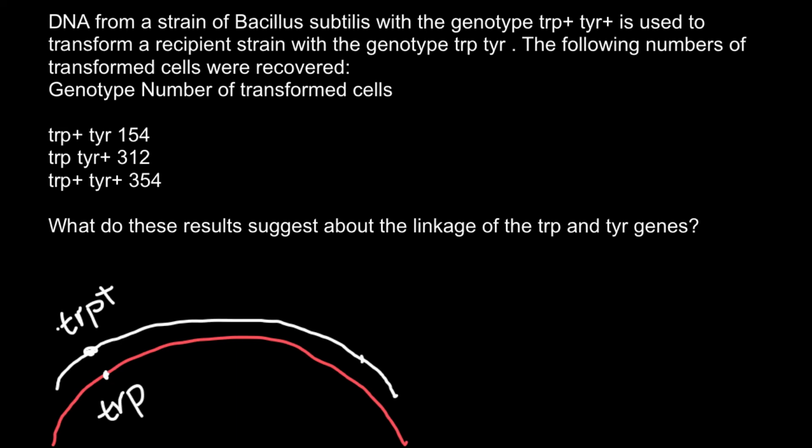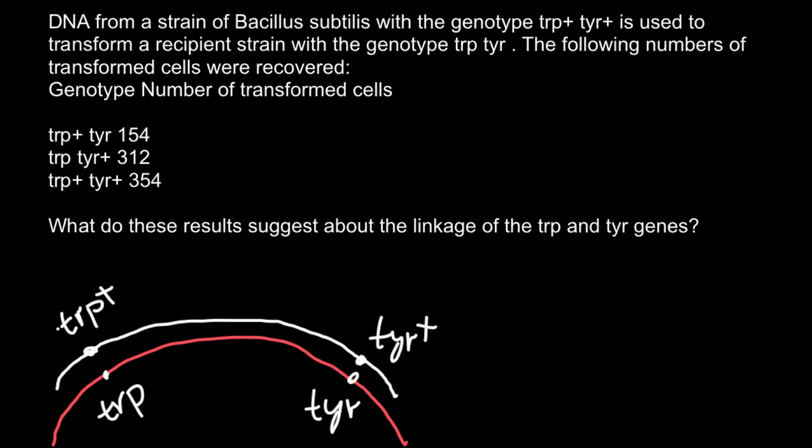And say somewhere here we would have another locus where we would have tyrosine positive, or tyrosine plus, however you like, that we can find on the fragment that has been inserted by the bacteriophage, and in the genome of the recipient we would find tyrosine negative here.